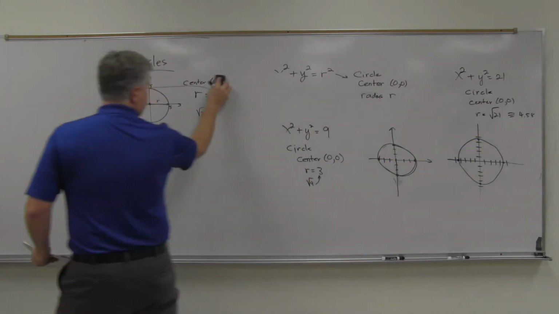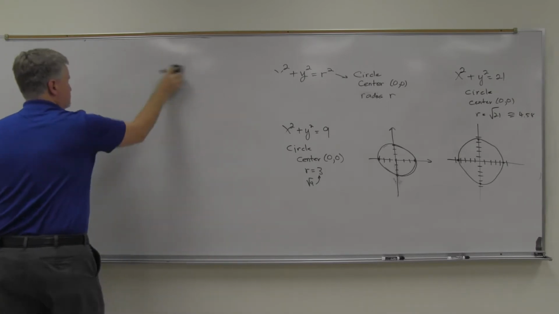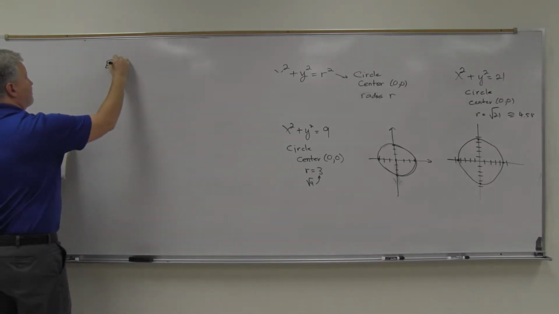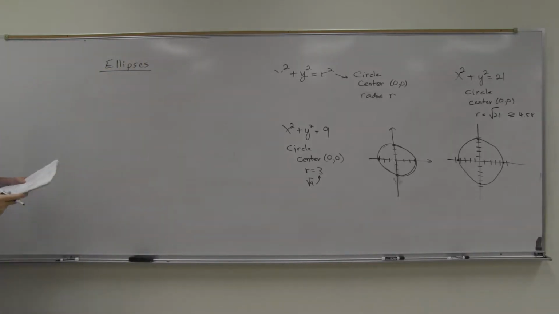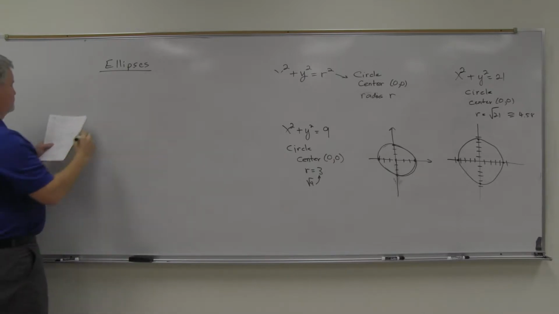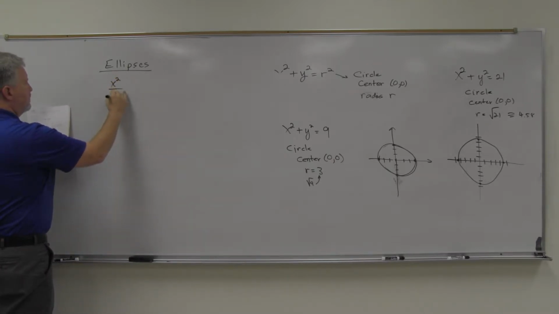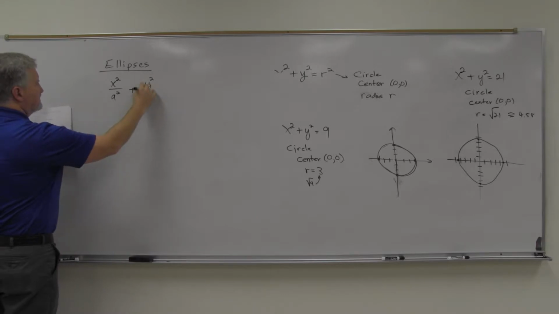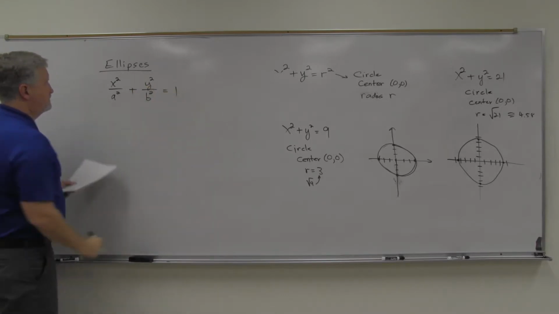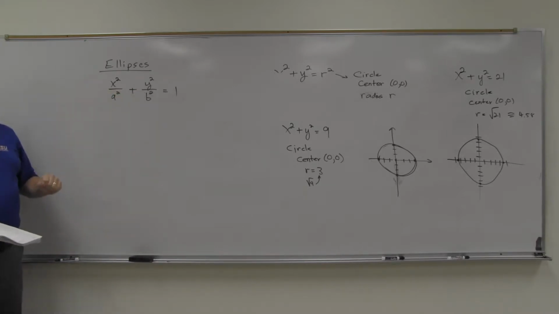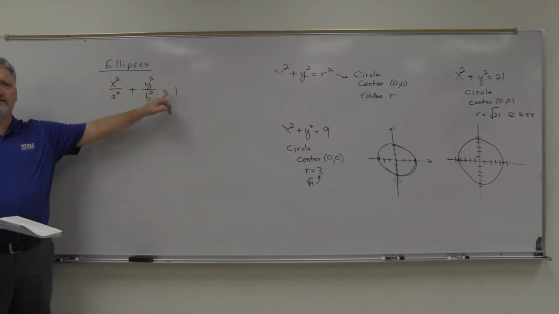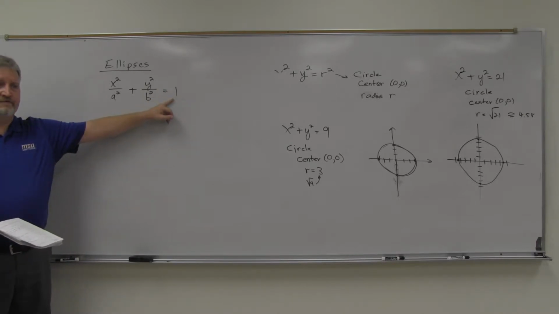Now, here's the deal on an ellipse. What they typically do, I think this is pretty standard method. Here's what you want for an ellipse: x squared over a squared plus y squared over b squared equals 1. I mentioned this previously, you want that one side to be 1. If it's not 1, you want to make it 1 by dividing.